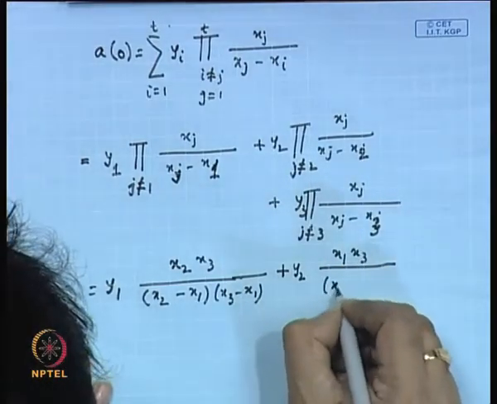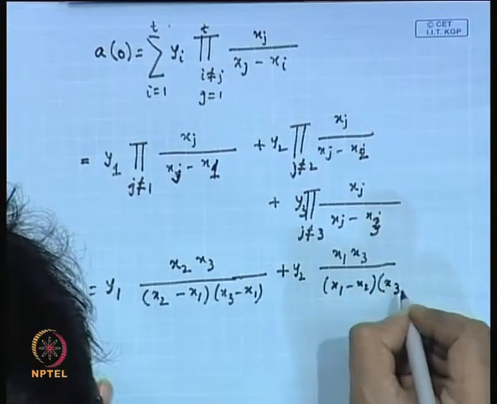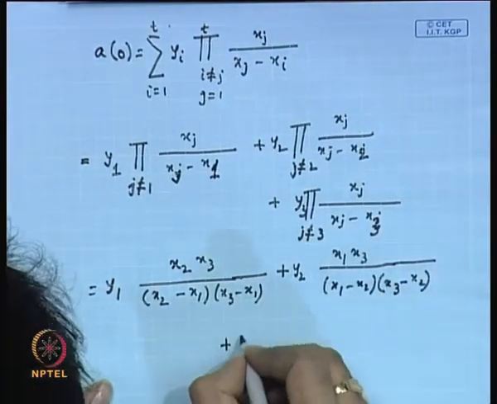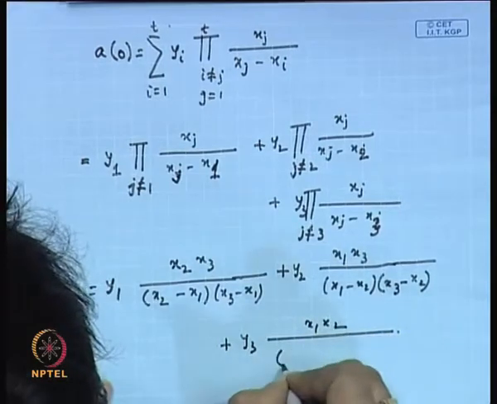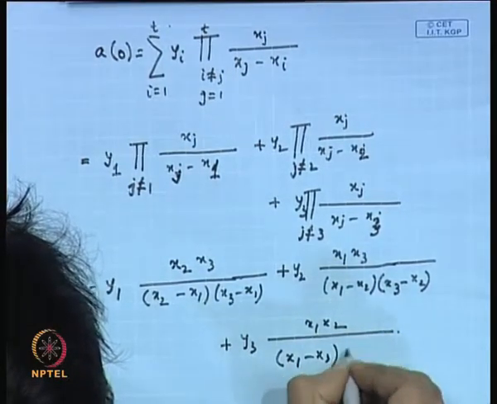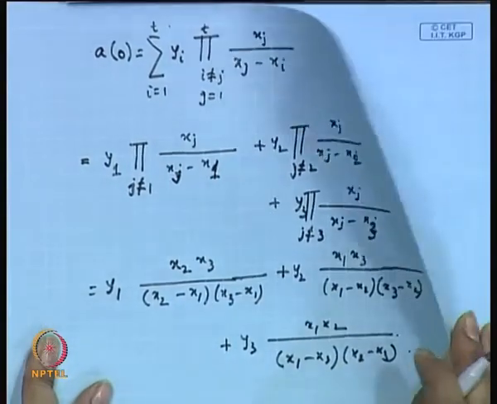So, it is x1 minus x2 into x3 minus x2, plus y3, this is x1 x2, and here x1 minus x3 and x2 minus x3, right.